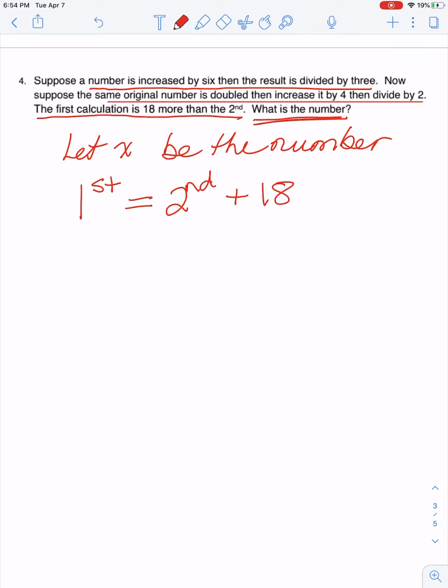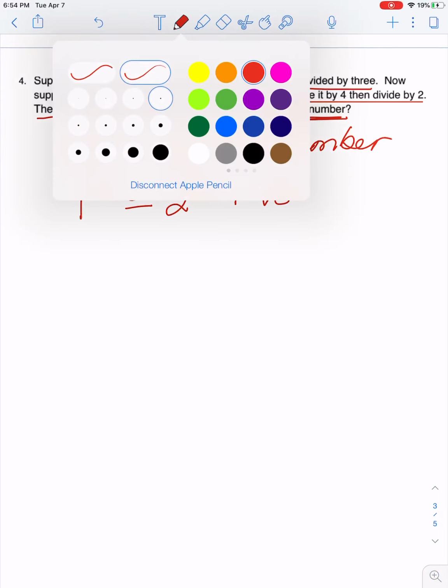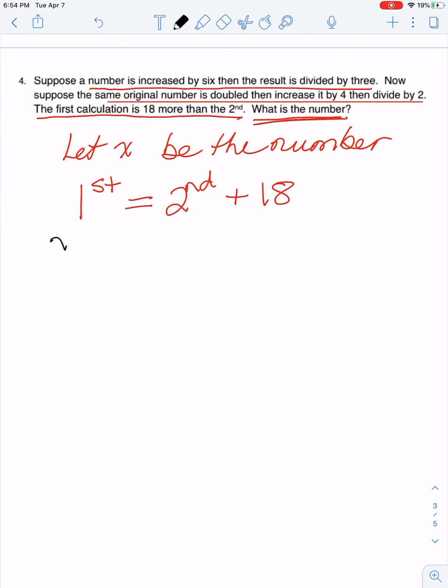Now the first calculation is that the number is increased by 6, so this number x gets increased by 6. So that's adding 6 to it. And then the result is divided by 3, so we take that answer and divide it by 3.